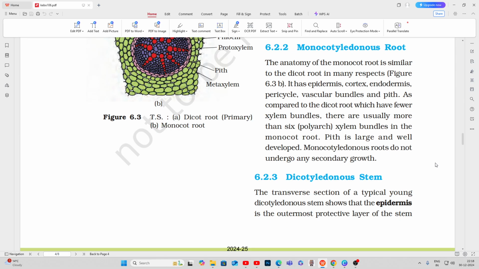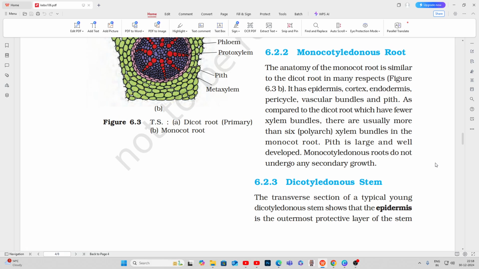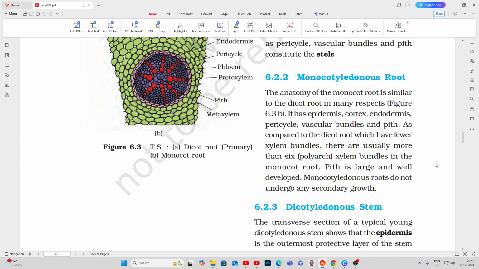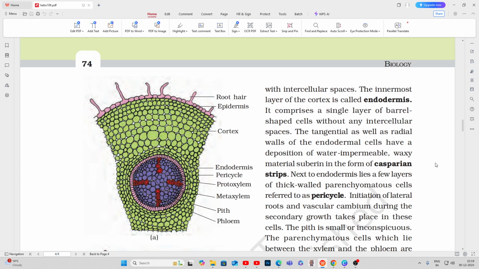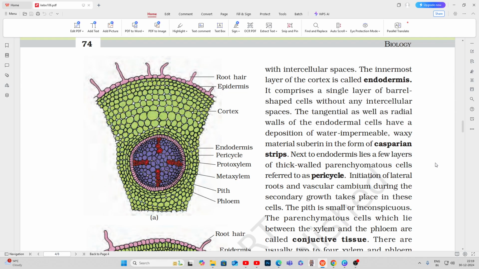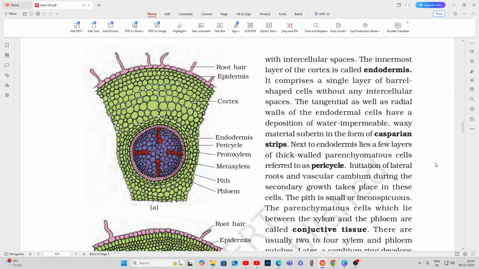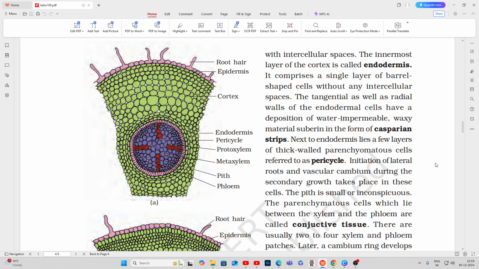6.2.2 Monocotyledonous root. The anatomy of the monocot root is similar to the dicot root in many respects. Figure 6.3. A. Dicot root, primary. B. Monocot root. Root hair. Epidermis.